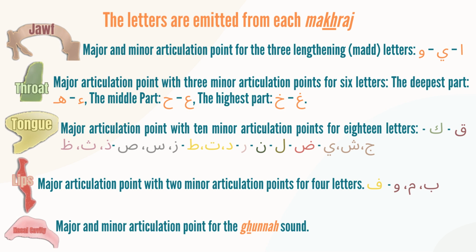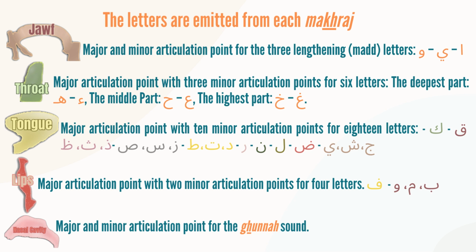Now let's speak about this in some details, mentioning the letters emitted from each makhraj, from these 5 major makharij. Firstly, we have the jawf. It is a major and minor articulation point at the same time.